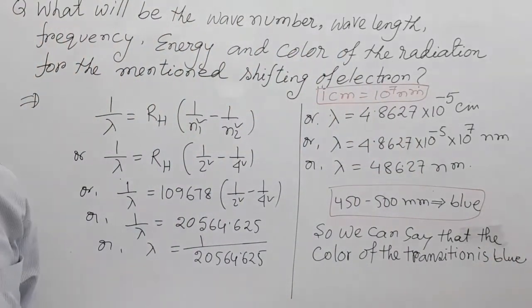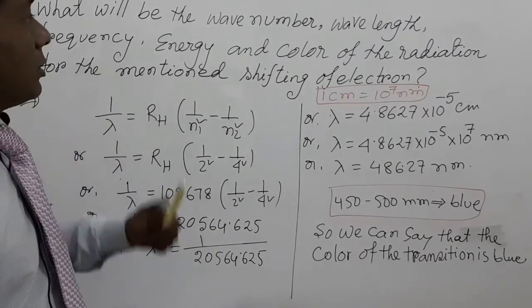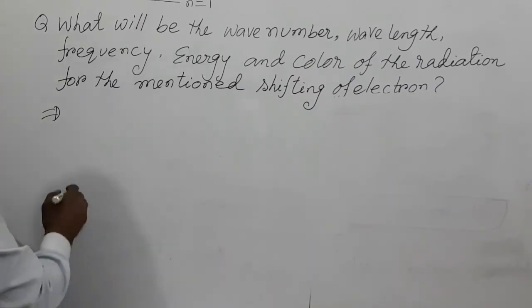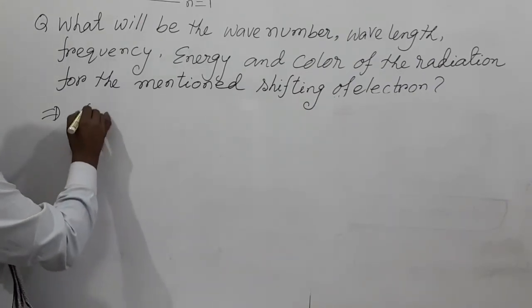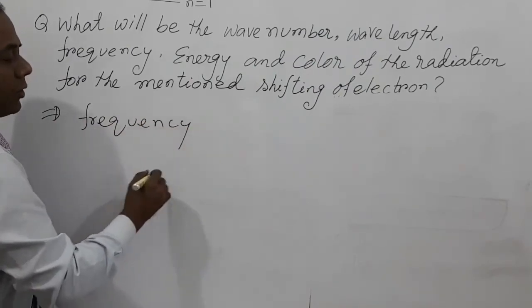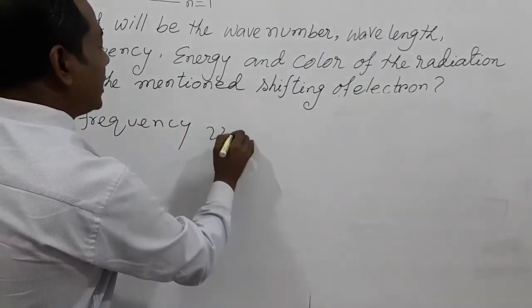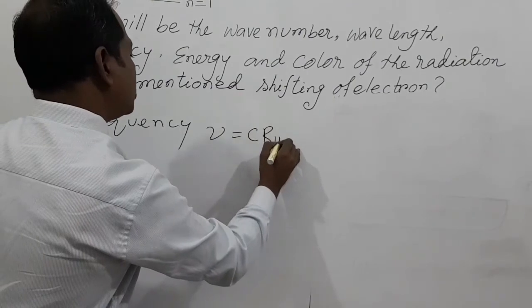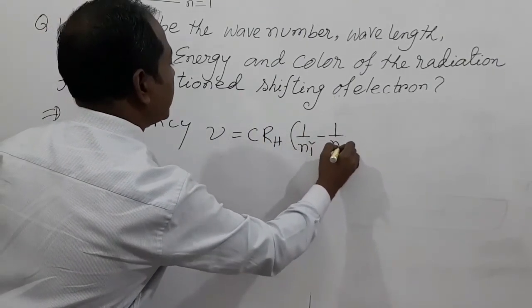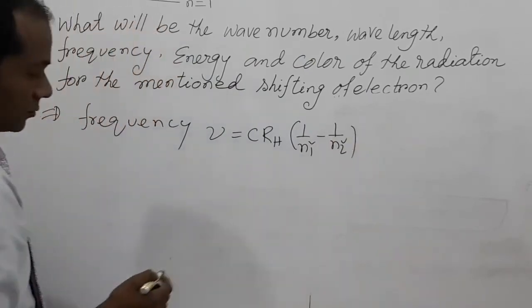Okay, my dear students, now we calculate the frequency of the transition. We know that frequency nu equal to c RH (1/N1² − 1/N2²).